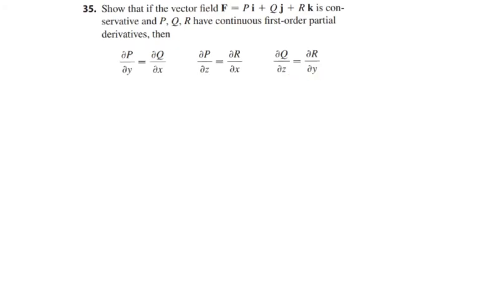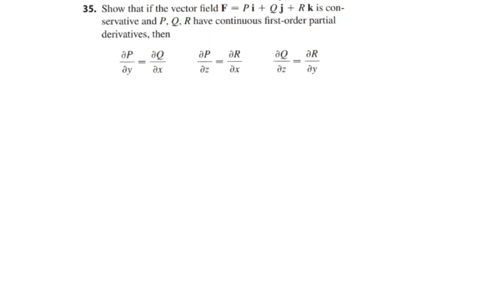Let me clarify that. If the vector field is conservative, then that means there is some little f such that the gradient of f is capital F. So the gradient of f is partial fx, partial fy, partial fz.